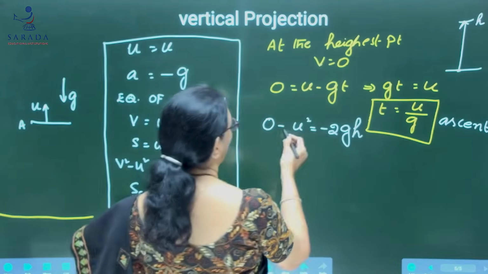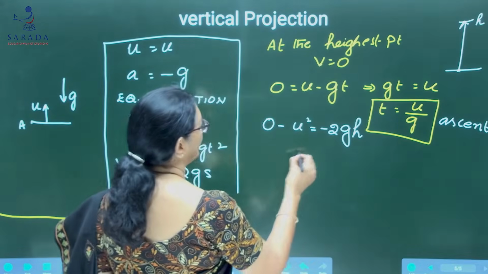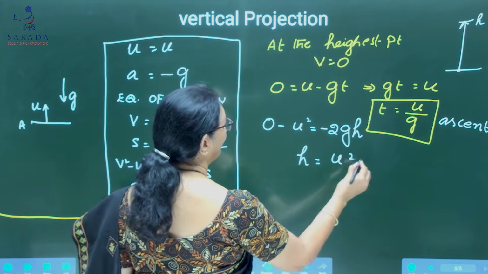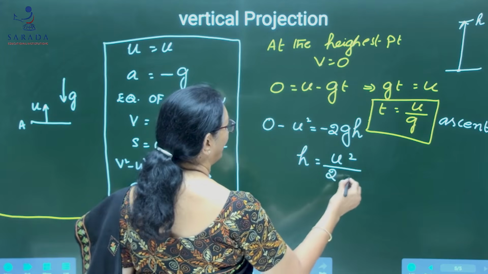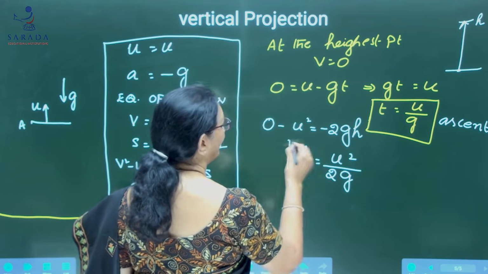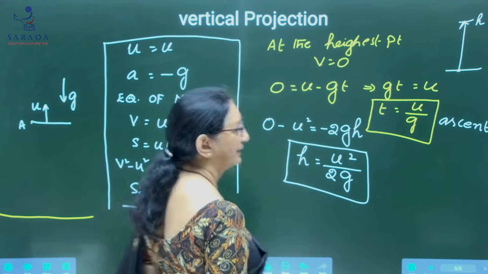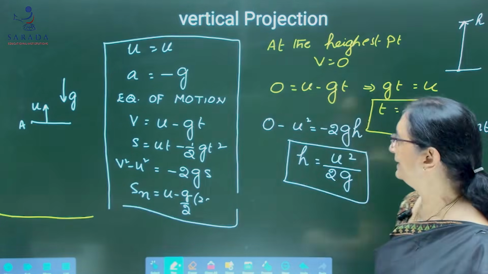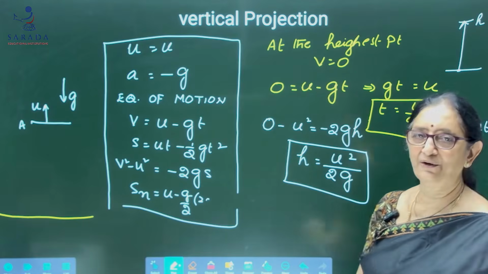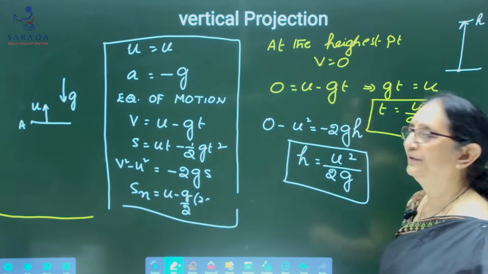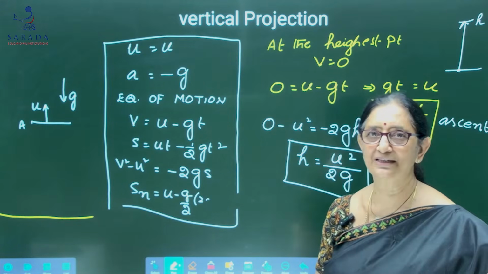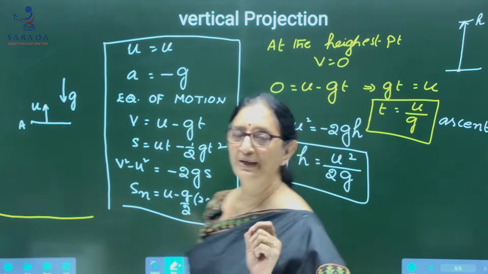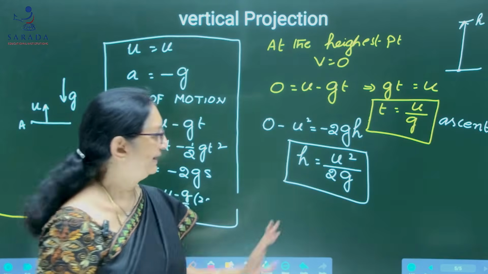So, minus u square is minus 2gh. It implies the maximum height reached by a vertically projected body is u square by 2g. Is it okay? So, at the maximum height, v is equal to 0, from which we could prove time of ascent is u by g, maximum height reached is u square by 2g. Is it all right?